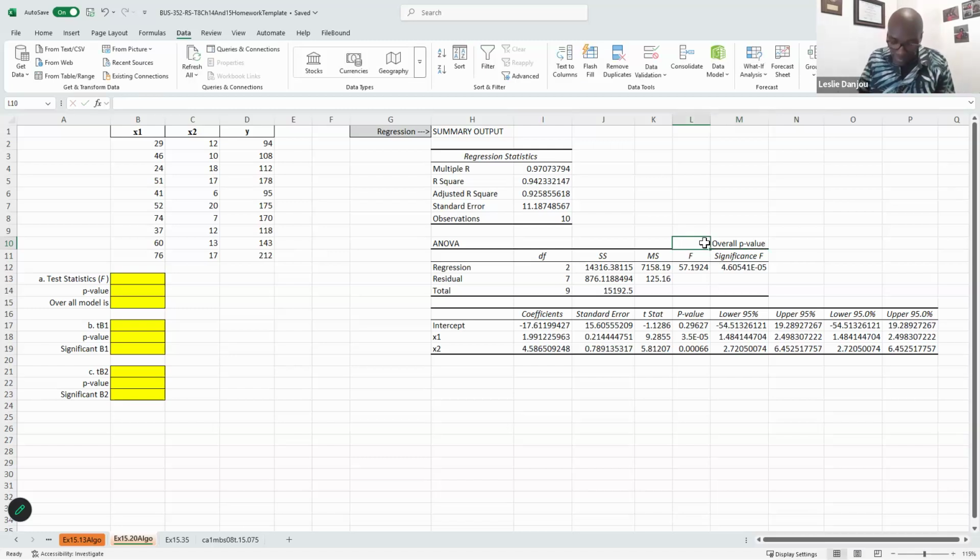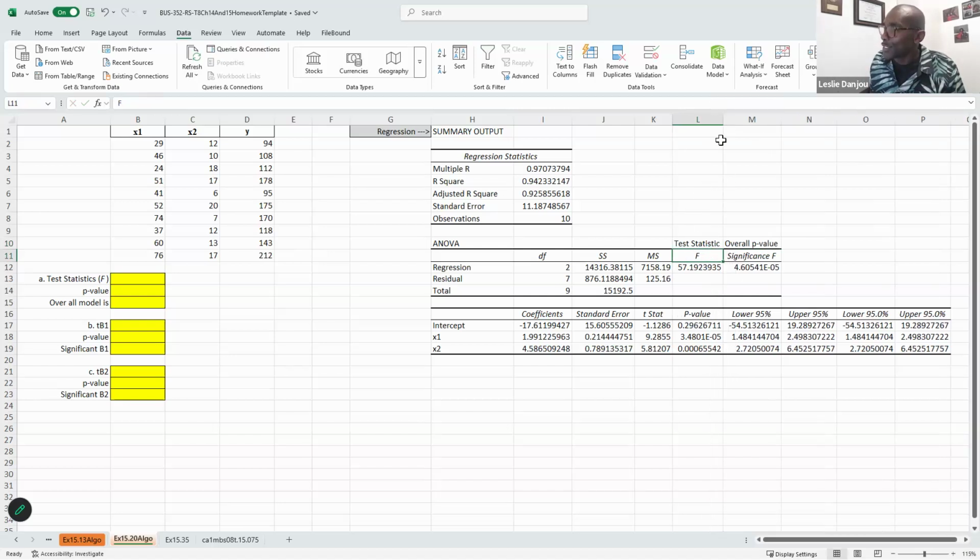And here is your test statistic. I'm going to just drag this over so I can see the words test statistic. Don't forget, this number right here means e to the negative 5. Move your decimal place 5 places to the left.